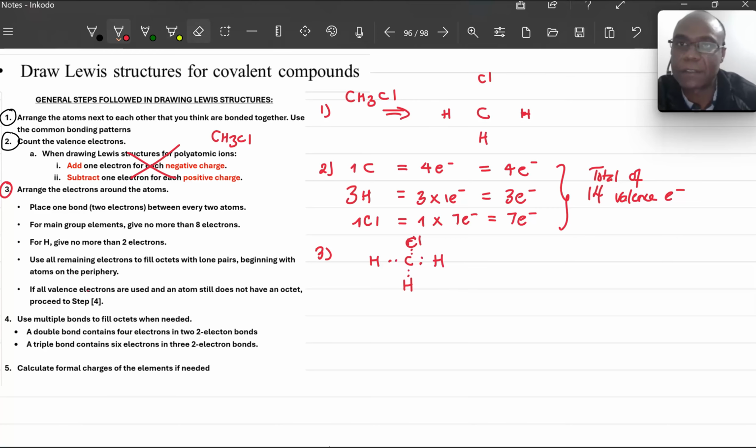So I've done that. Let me clean this up. So you can clearly see that we do have 2 dots in between everywhere. Those, because they're shared, give you the covalent bond. Remember, a covalent bond is made from sharing electrons between 2 nonmetals. Hydrogen and carbon are nonmetals. So step number 3 is partially done.